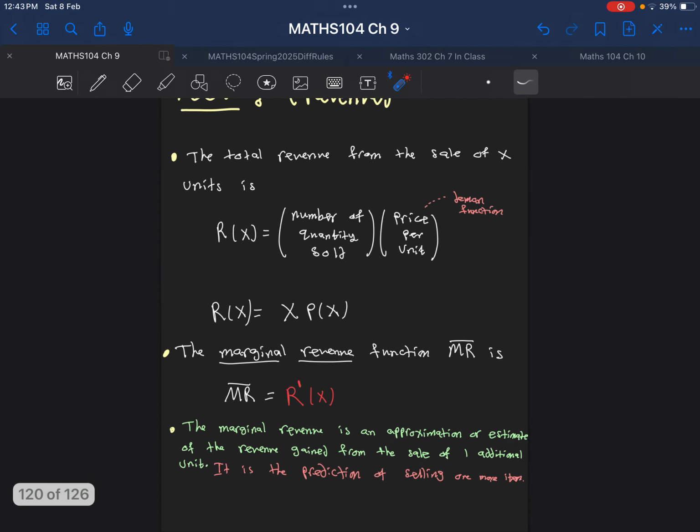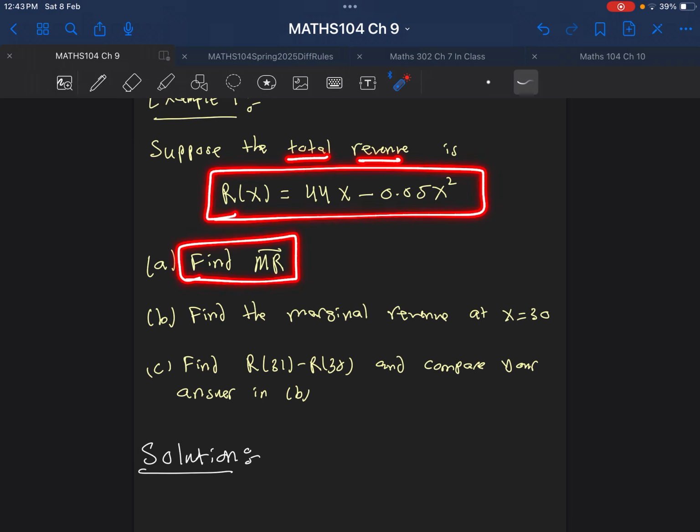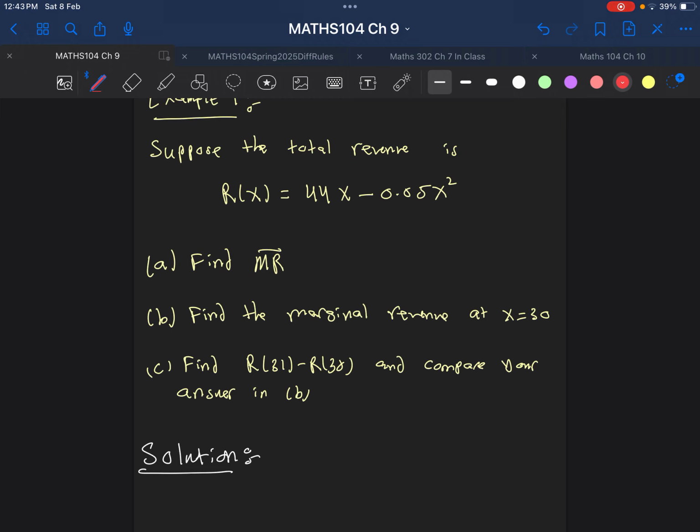Let's see this in one of the examples. Example number 1. Suppose the total revenue is given by this formula. Part A, we need to find MR bar. What does it mean, MR bar? It's just the derivative.